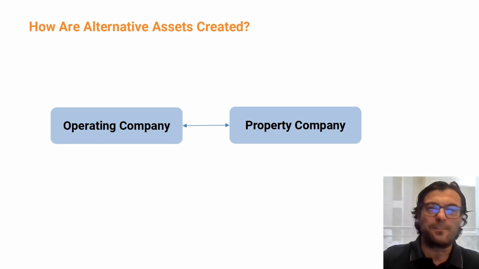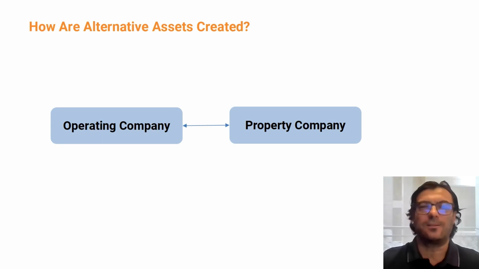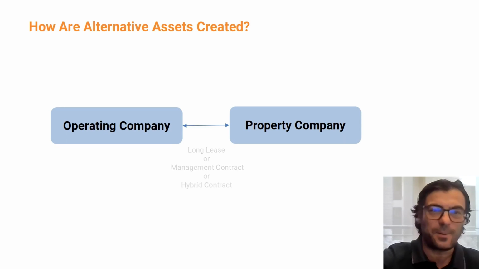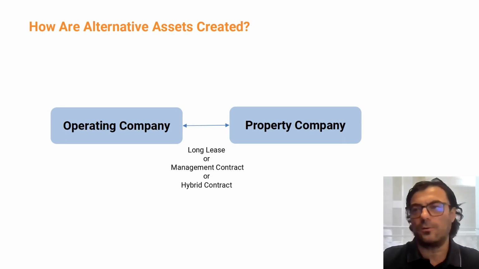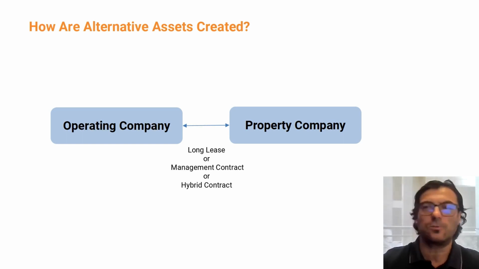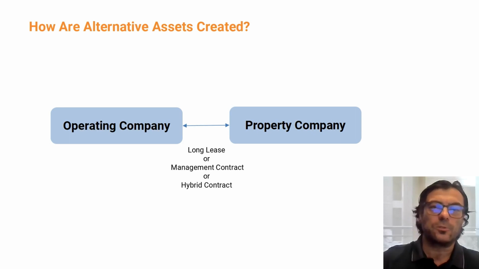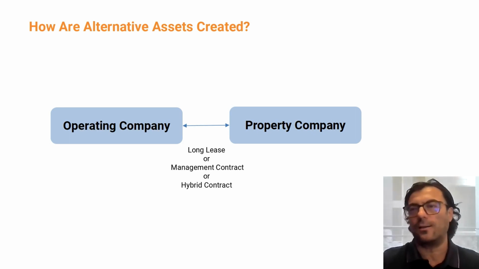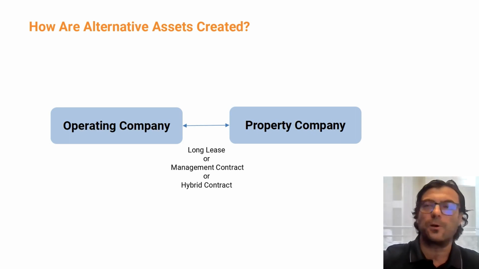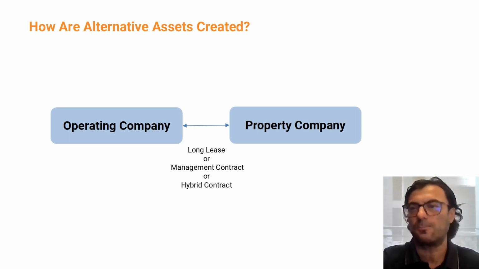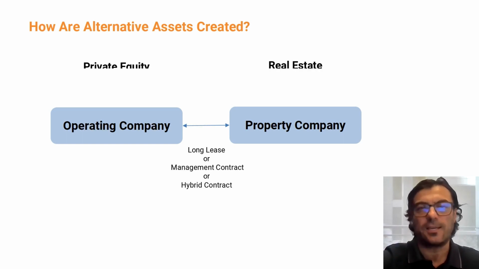That operating company will enter into an agreement with the property company to lease the premises, or to have a management contract to manage those premises with the net revenues accruing to the property company, or a hybrid form of arrangement where there is a fixed payment guaranteed and a profit sharing agreement.